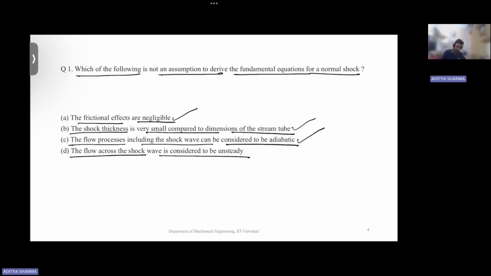The fourth says that the flow across the shock wave is considered to be unsteady. So this is not true. The flow is considered steady.